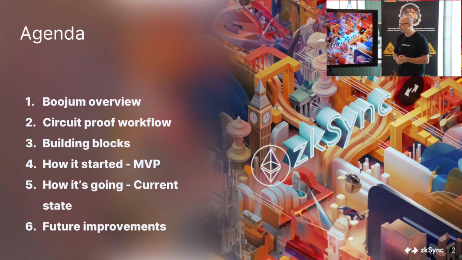Then we will discuss the building blocks in a little more detail, what we have on the GPU side. Those are the blocks we use to compose the proof workflow. Point 4 is how it started. This will show you what the profile of a whole GPU proof looks like.